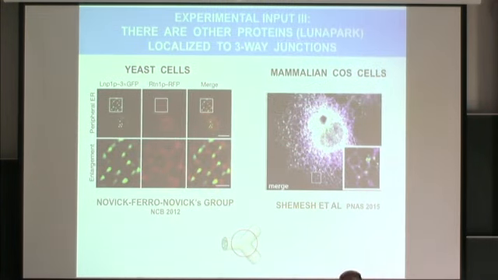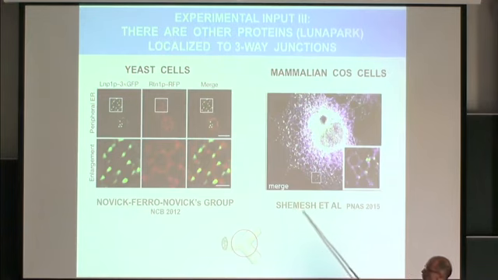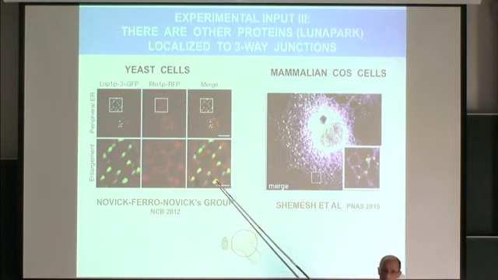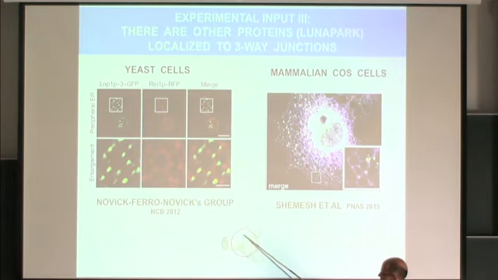And a few years later, this was relatively recently, about 3 years ago, 2 years ago, we understood that another kind of protein was found, which are called Lunapark proteins, which were shown by Novick's group and then by Tom Rappaport's group. They are green here. They partition into three-way junctions between the tubes. And the three-way junctions are negatively curved here.